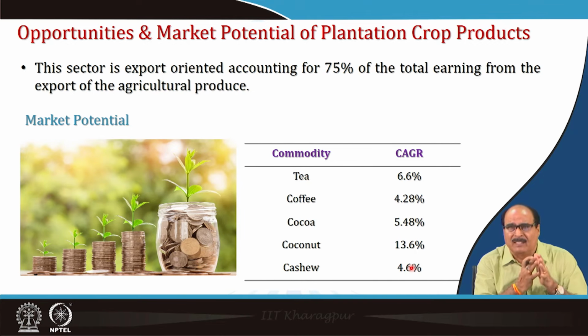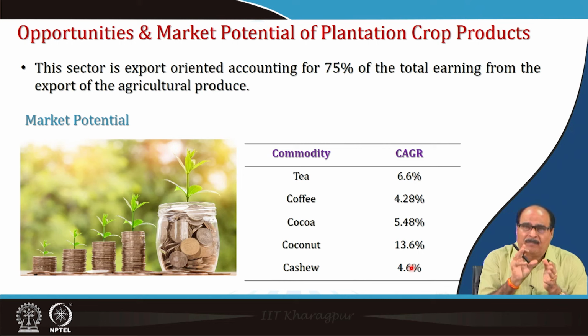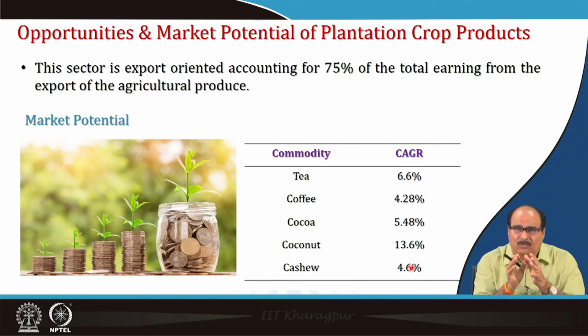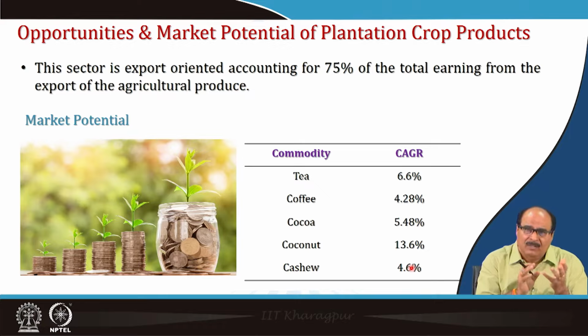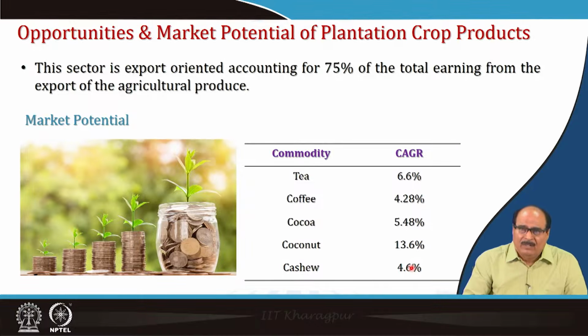All these products require special types of technologies for their processing, and the processing technologies should be such that the actual value, the health value and other components present in them are retained. We will take this up separately when we discuss the processing of these spices and plantation crop products.